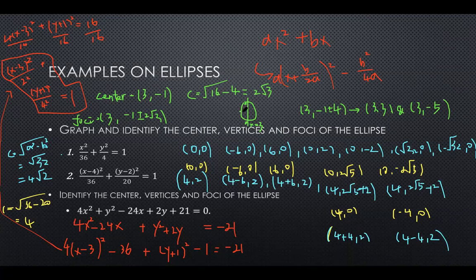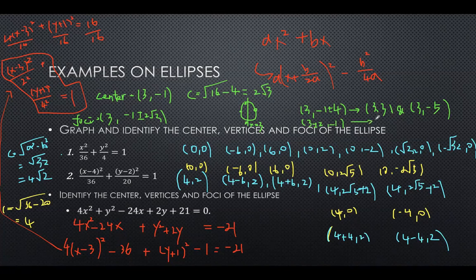How about the 2 vertices on the minor axis, the slimmer axis? In this case, you subtract and add b, which is 2, on the x coordinates. So 3 plus and minus 2, and minus 1 on the y-axis.